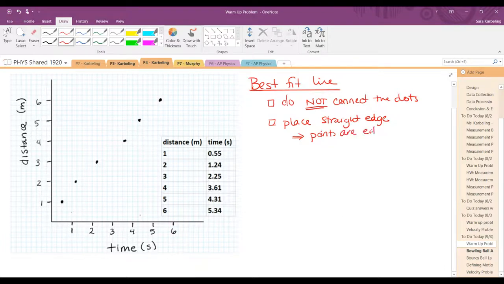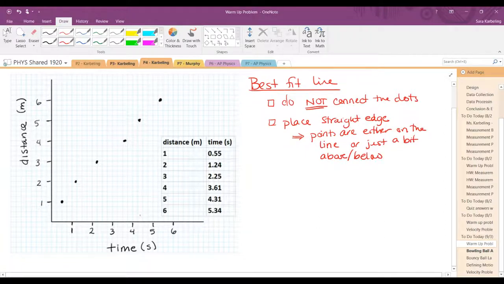So place the straight edge so that points are either on the line or just a bit above or below.